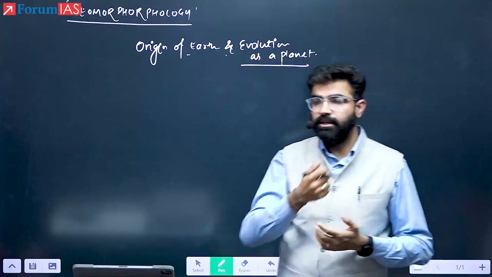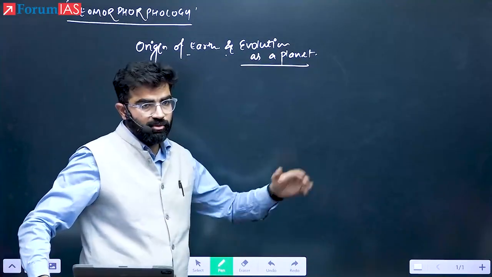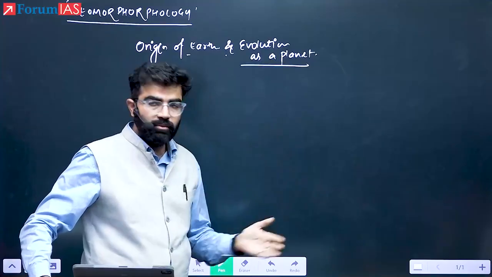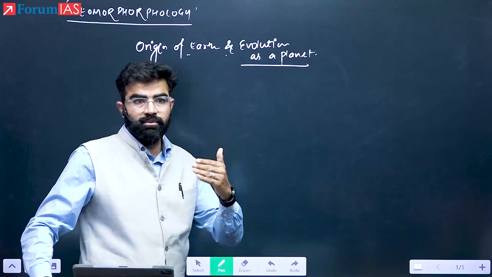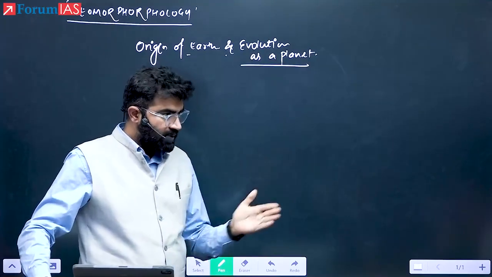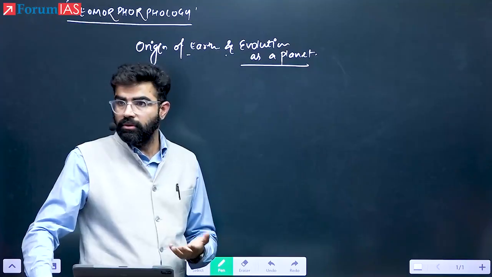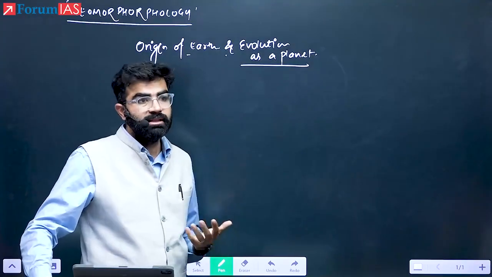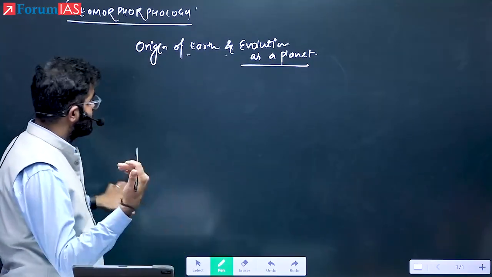Because as a planet means how it started supporting the life form, various forms of lives, how they started evolving, yes. Then how the different kinds of layers which are there inside, they emerged. How the atmosphere, which was earlier known for absence of oxygen, how this oxygen came to the planet, that is something that is crucial to understand, right?